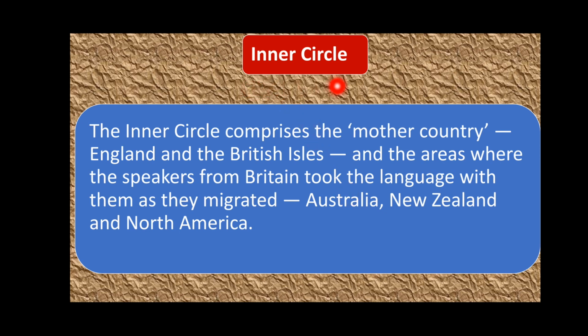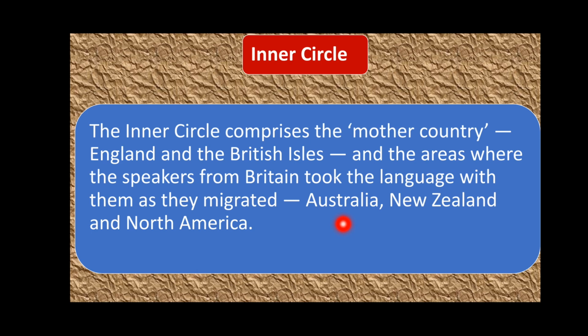The first circle Kachru discussed is the inner circle. The inner circle comprises the mother country, like England and the British Isles, and the areas where speakers from Britain took the language with them as they migrated. So Australia, New Zealand and North America are also there. So what is the inner circle?